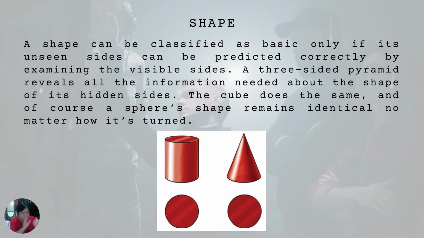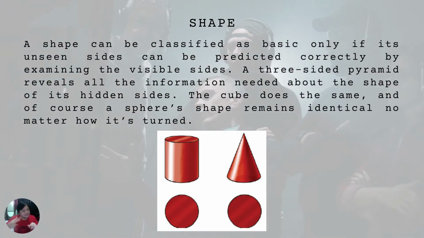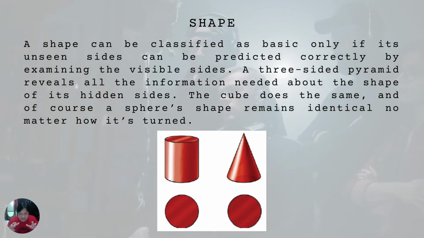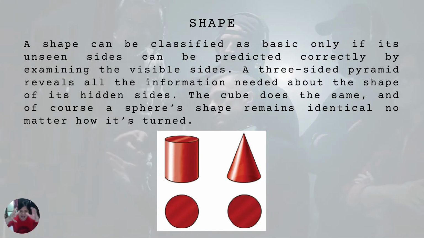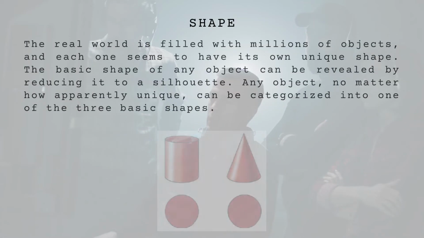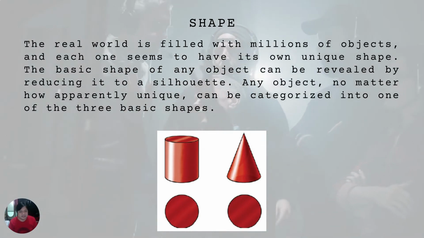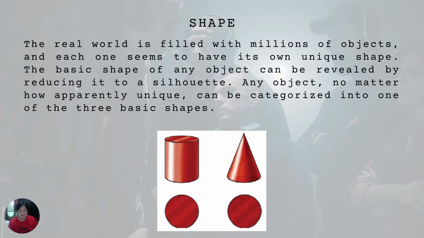Now, three-dimensional images can actually vary. The shape of the three-dimensional images can vary depending on the angle that you put the image on. Now, the real world is filled with millions of objects, and each one seems to have its own unique shape.